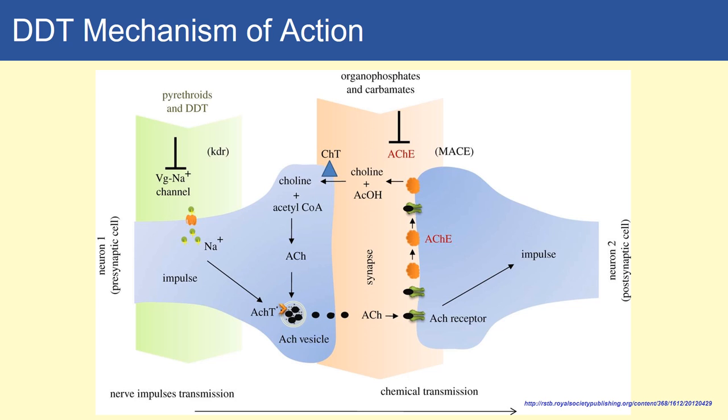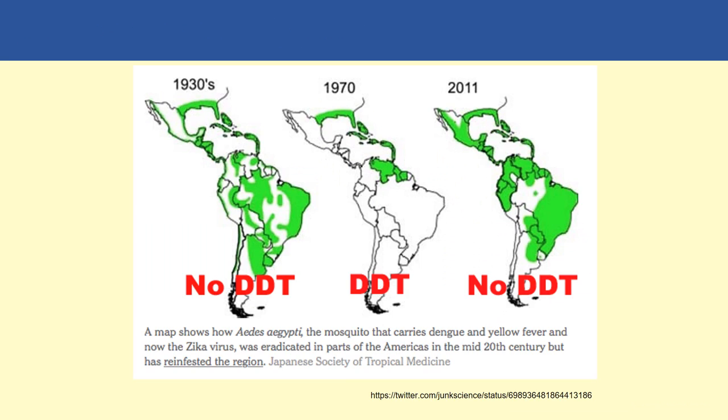We'll talk about acetylcholine receptors a little later in the course. It doesn't affect all acetylcholine receptors, and there was an appearance that it didn't affect any human receptors, but that turned out to be untrue. What was the problem?